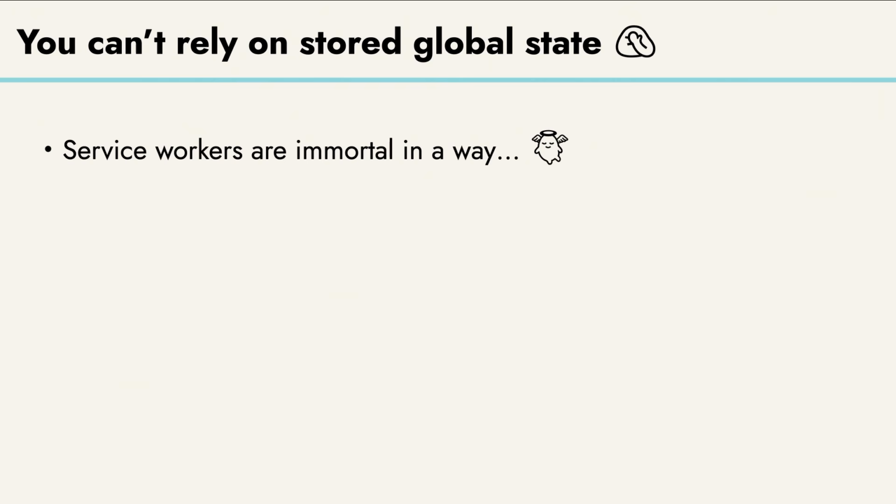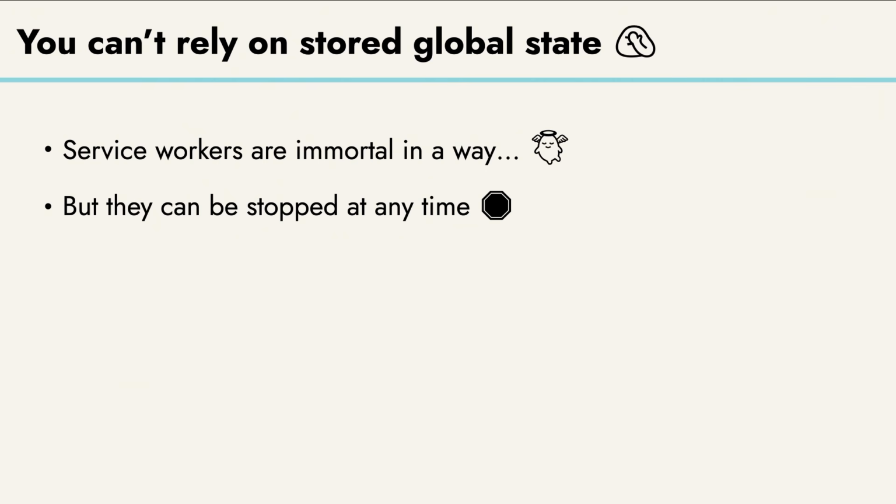So what was going on, right? It was working in Chrome perfectly. Well, some of you may know this already, may have noticed; I didn't. I was very inexperienced with this. But it turns out that despite service workers appearing to be immortal in a way, because they go on living even when you close all the tabs of your app, they can be stopped at any time by the browser.